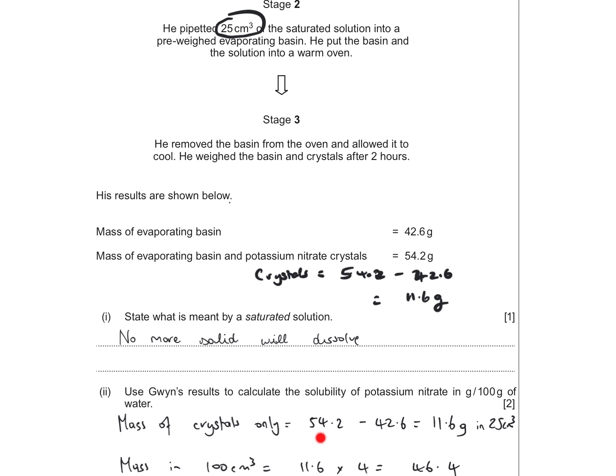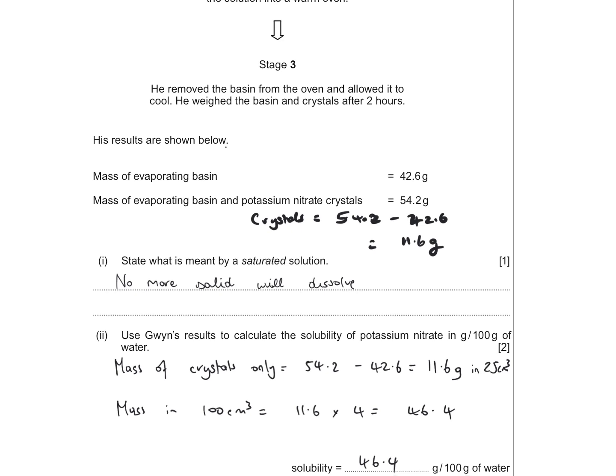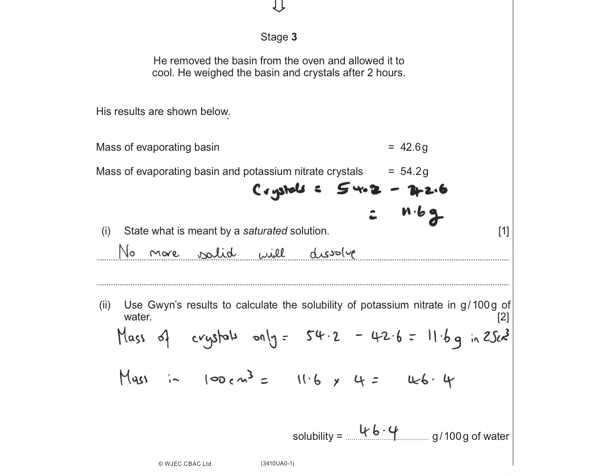We're going to find the mass of the crystals on their own was 54.2, take away 42.6, which gives us 11.6 grams in 25. They want it in 100 centimetres or grams of water. So I'm then going to times that by 4, because 4 times as much will fit in 4 times the water to give me 46.4 grams.